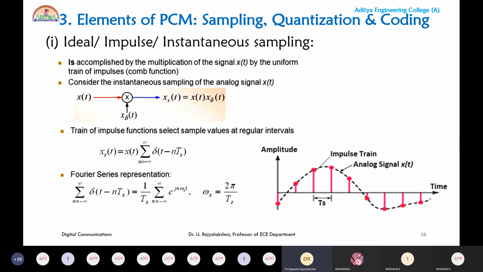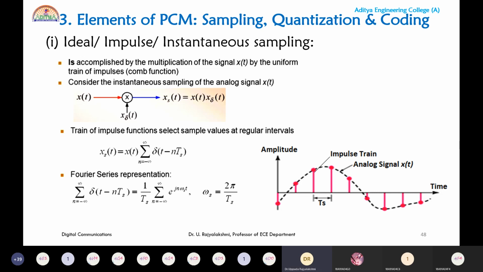Now, let us see here. So what is the first type of sampling? Ideal, impulse or instantaneous sampling. Okay, so what is the principle behind this? Please, all of you remember only the principles of the 3 types of sampling. So what is the principle behind ideal sampling?